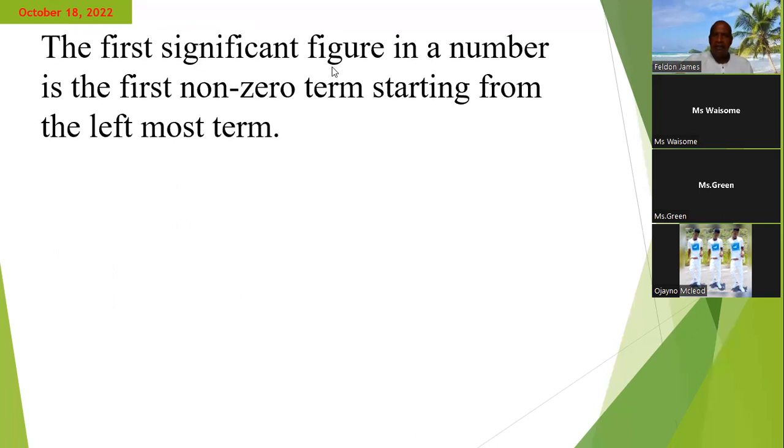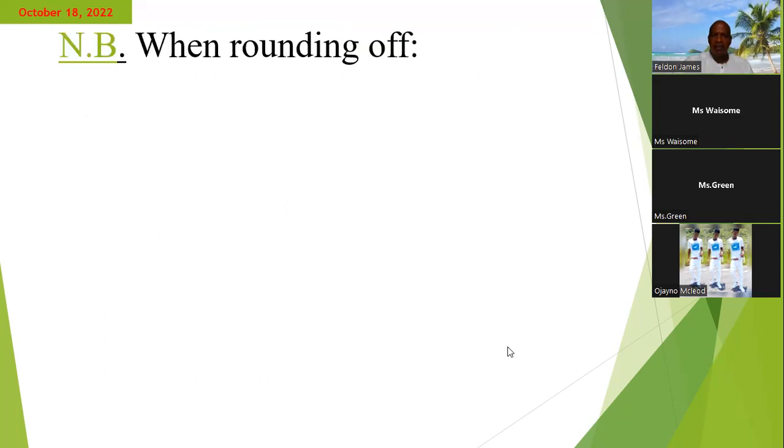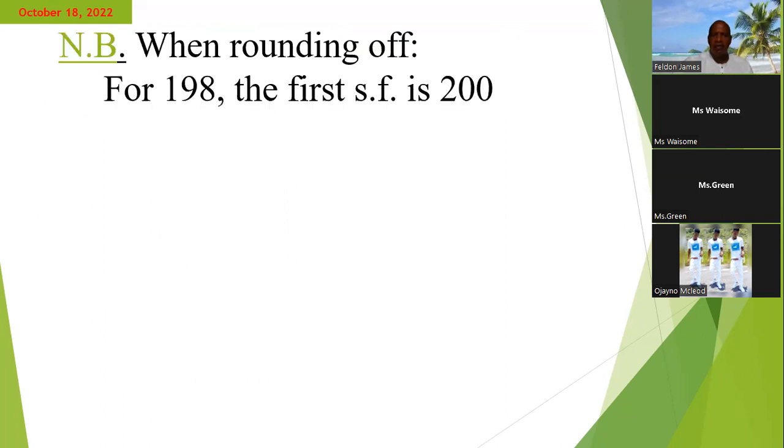The first significant figure in a number is the first non-zero term starting from the leftmost term. So for this term, the first significant figure is a 7, second one is 9, third one is 3, and so on.